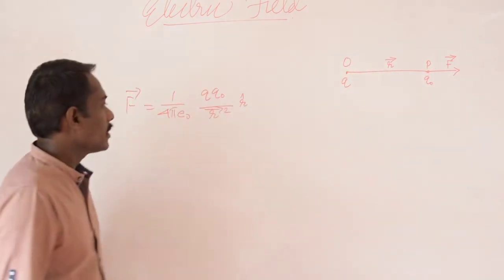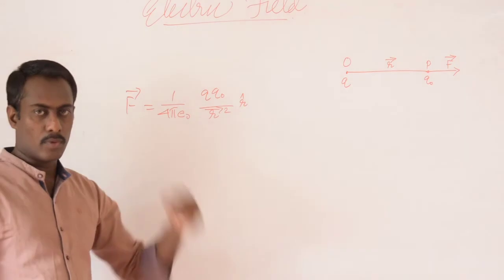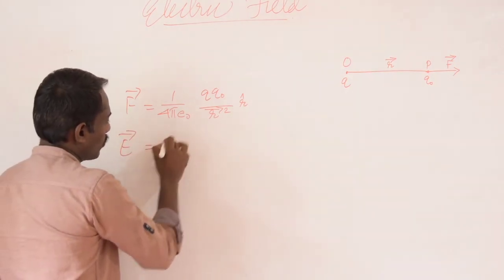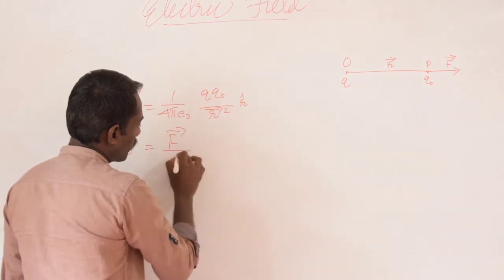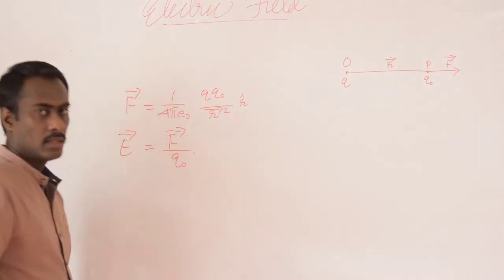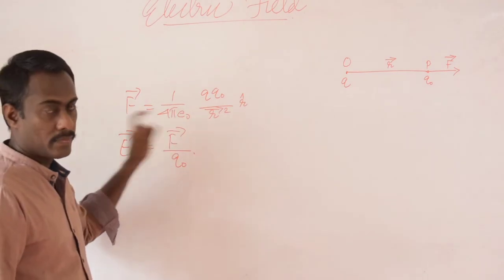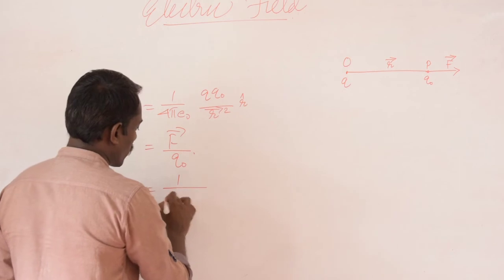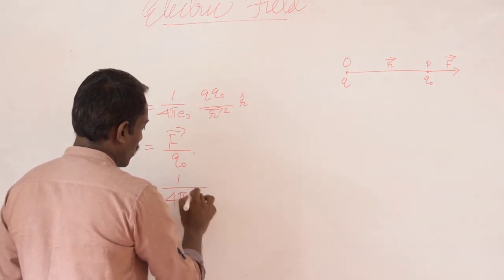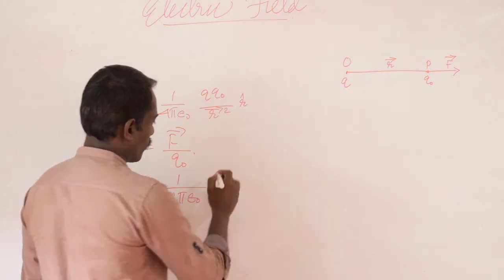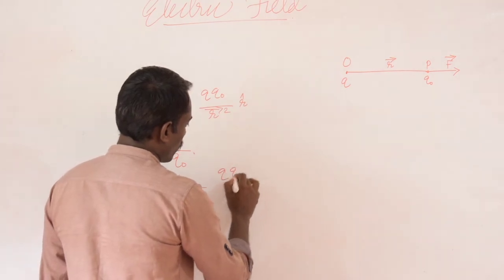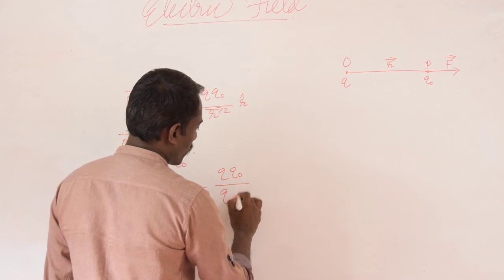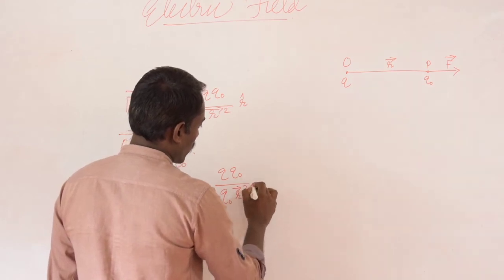Now as per the definition, the electric field E is equal to F divided by Q0. If we substitute the value of F in this equation, we get 1 by 4 pi epsilon 0 into Q into Q0 divided by Q0 into r square.